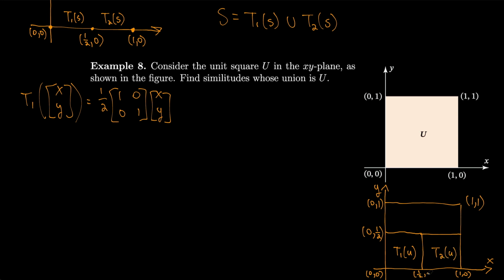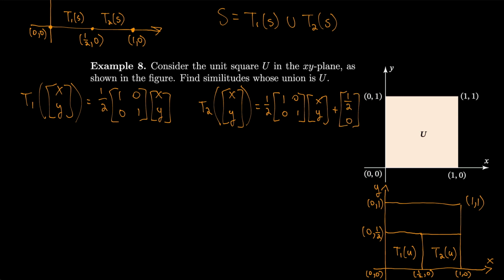And I have to move it over half on the x, so T2 of xy is equal to half of the identity applied to xy, and it has to be translated by half in the x direction, similar to the previous example.